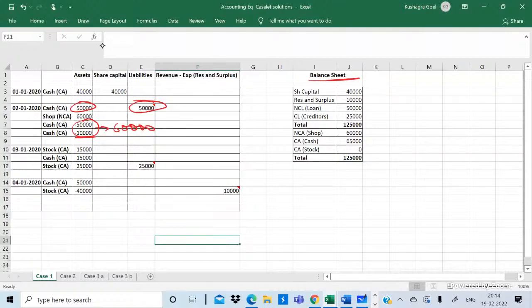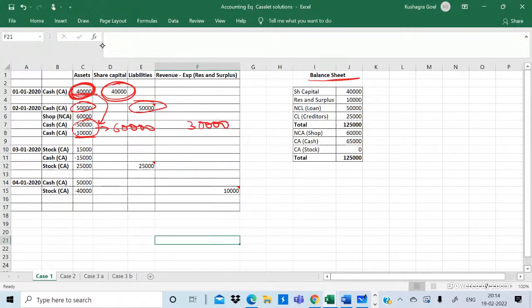Yes, cash and share capital are two different line items. Definitely. So I'm not touching share capital. I'm touching the cash. I'm saying out of this 40,000, 10,000 will be used on 2nd of Jan, which means on 2nd of Jan, how much cash balance am I left with? Only 30,000.